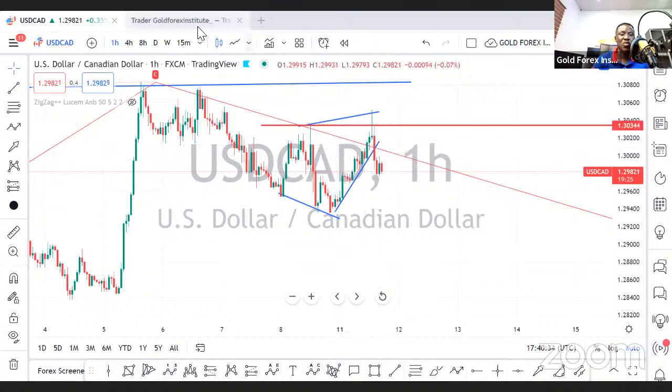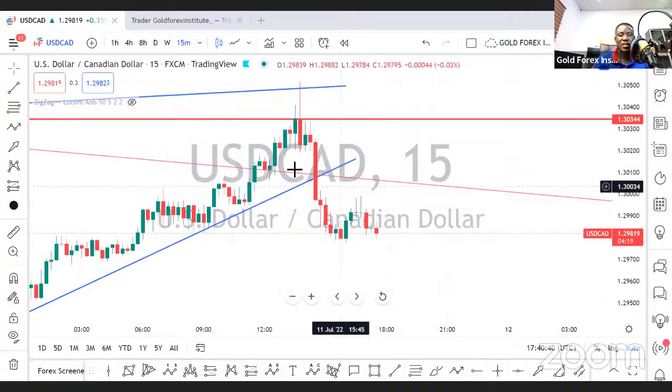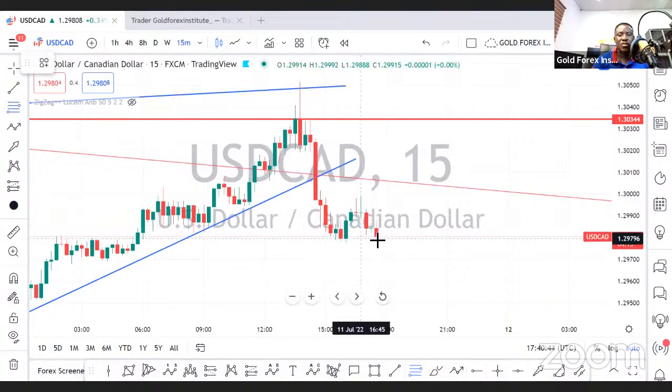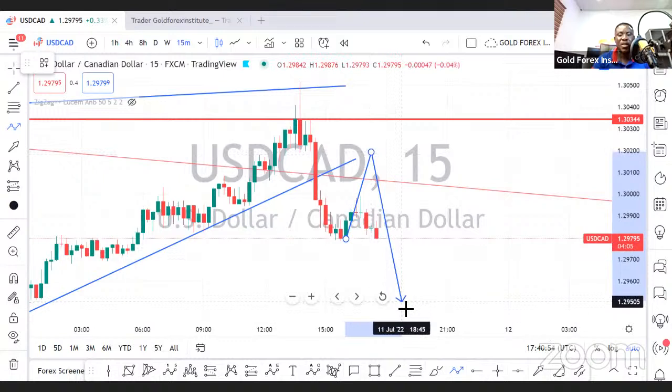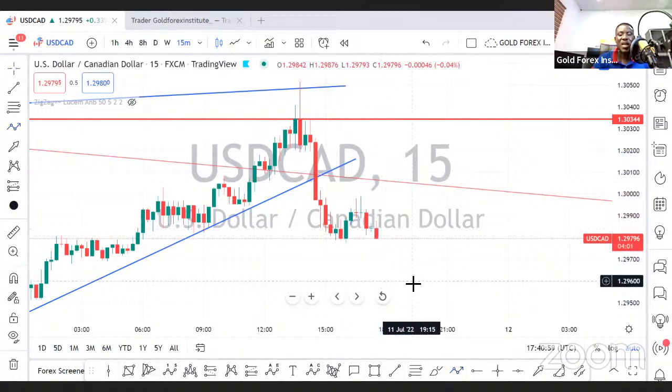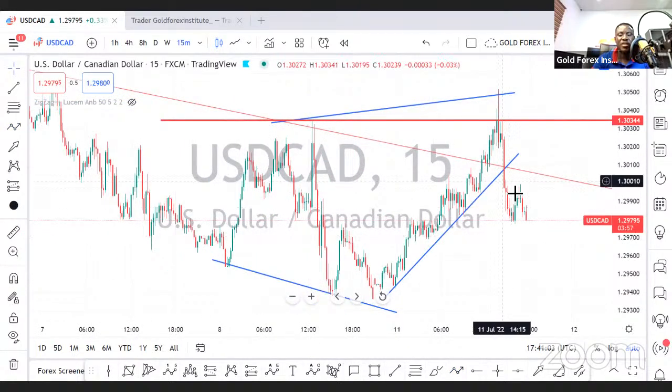I was expecting it to go further a little. I wanted it to probably get to this level, then drop. Or I was just expecting this one to break.